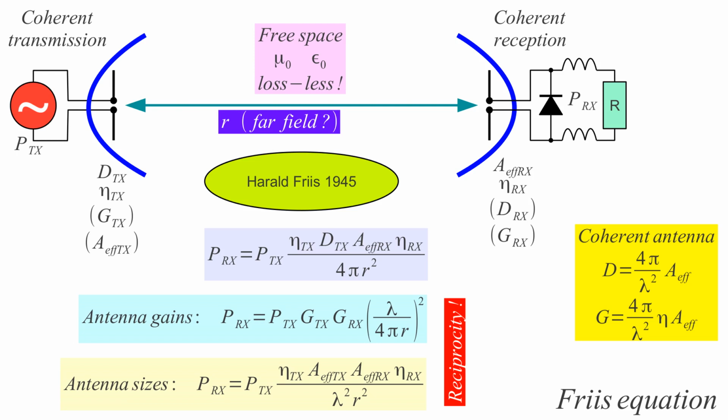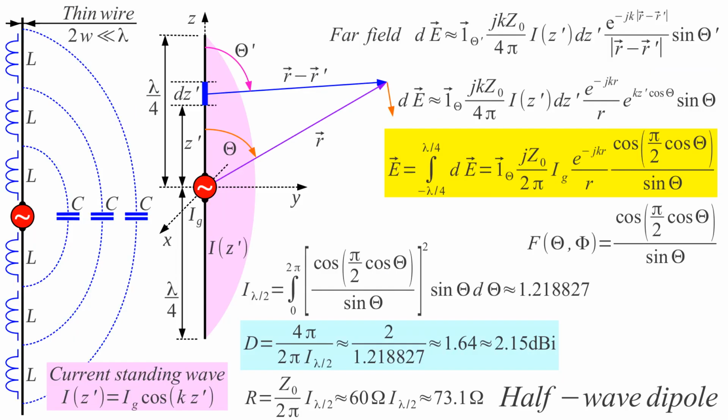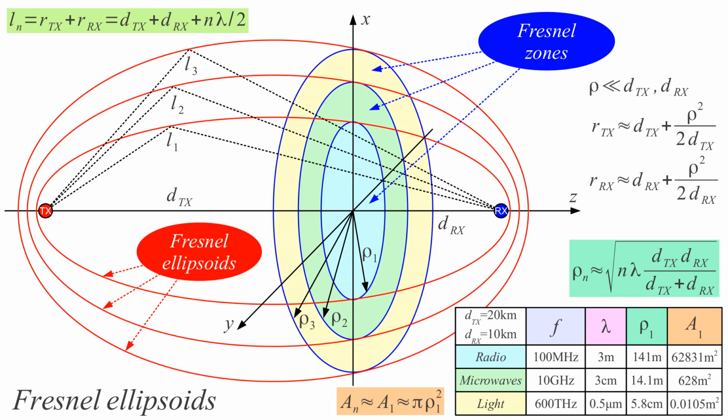And also, how much space is used by electromagnetic radiation. Not just electromagnetic radiation, the same reasoning also applies to other kinds of waves, like sound radiation. These are mechanical waves. The same reasoning also applies, and it is the reasoning of the Fresnel ellipsoids.